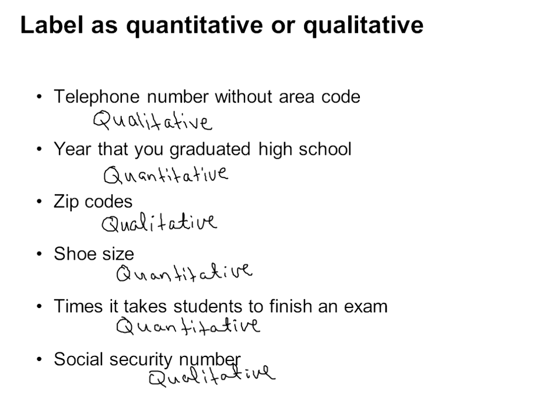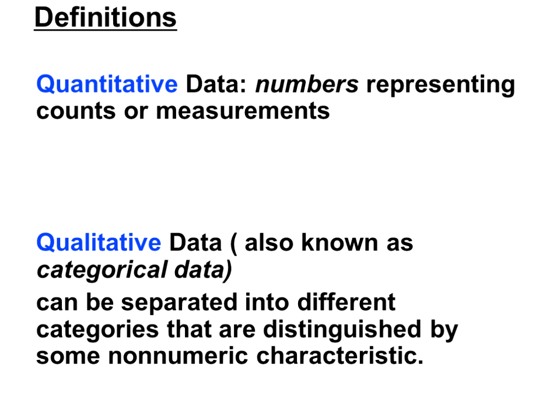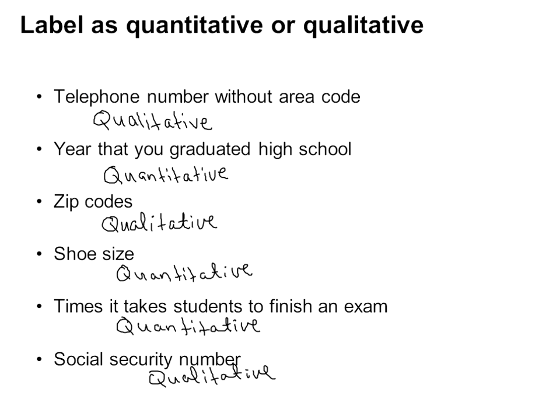Okay, so hopefully that helps you with the definition between quantitative and qualitative. Now, when I write qualitative and quantitative, they look kind of the same, right? So at first glance, it's hard to know which one you're talking about. So look at what qualitative has. It's also known as categorical data. So instead of saying qualitative, you could say categorical, and it just makes it look different when you're writing it out.